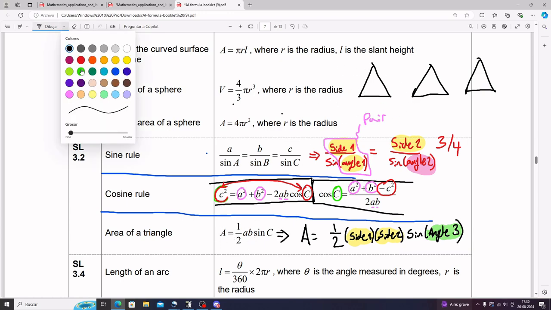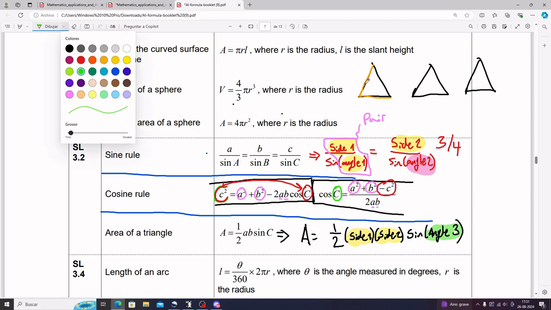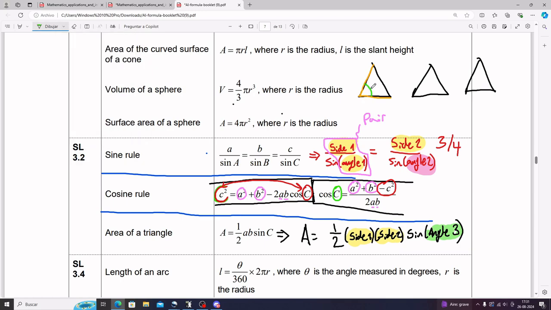See? So the first scenario, following the colors as well, you can have side 1, you can have side 2, and the angle that is in between. And notice this angle that is in between is associated to this side here, which clearly has nothing to do with side 1 and side 2. So this is a scenario where you can use, or you can find, the area of a triangle. Got it?